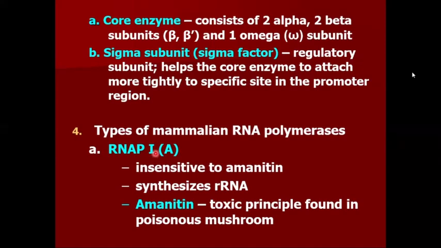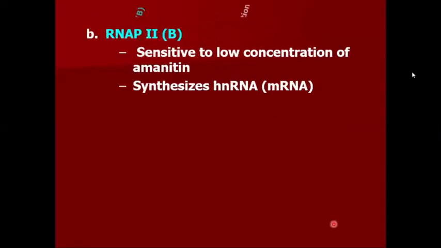RNA polymerase 1. It synthesizes the ribosomal RNA. And it is not inhibited by amanitin. Amanitin is a toxic principle found in poisonous mushrooms. Then we have RNAP2. Okay?